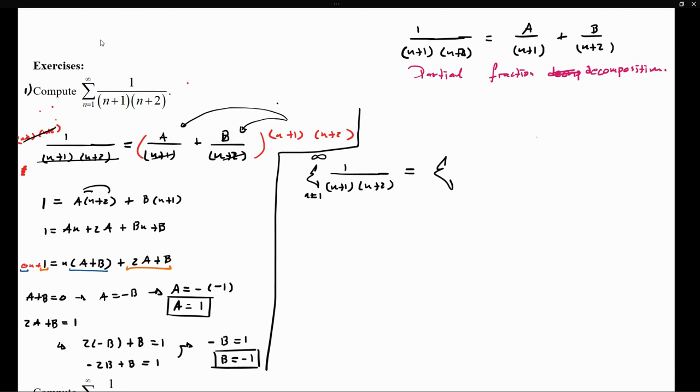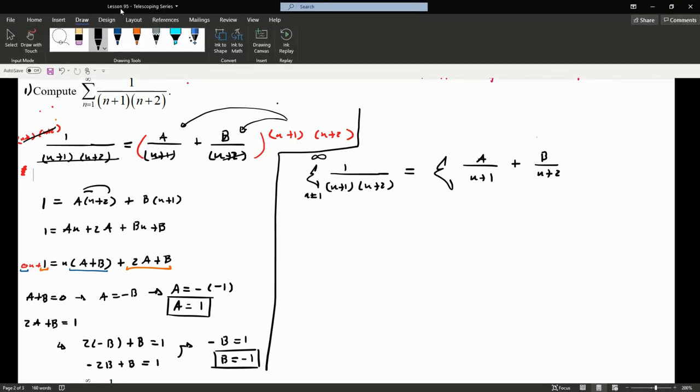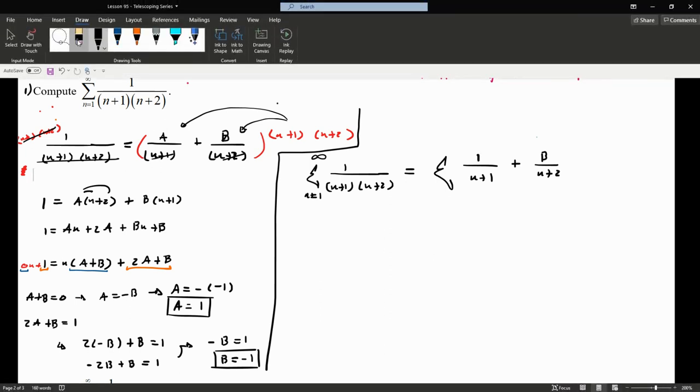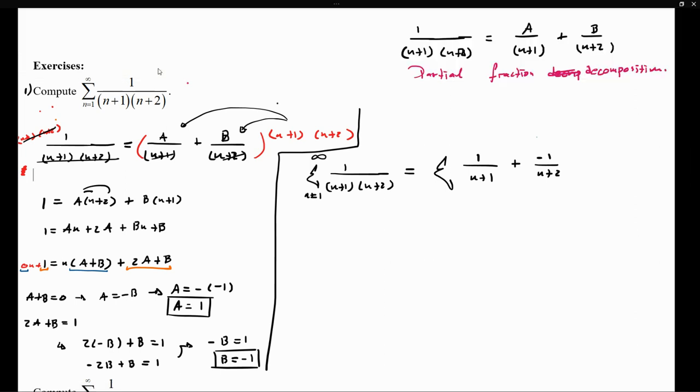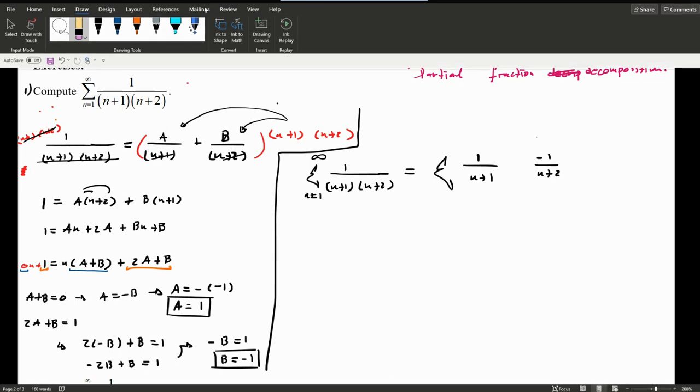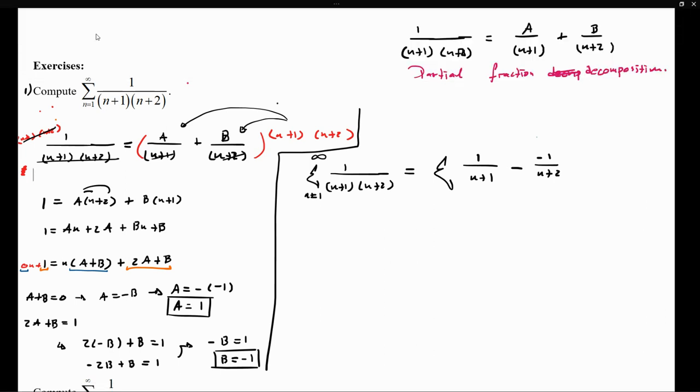It should be equivalent to a over n plus 1 plus b over n plus 2. But we already know what a stands for. A stands for 1. Therefore, we can substitute this for 1. And b is minus 1. So we have minus 1. But notice that this just doesn't look right. So instead of writing plus minus 1, I'm just going to write this as just minus here and positive there.